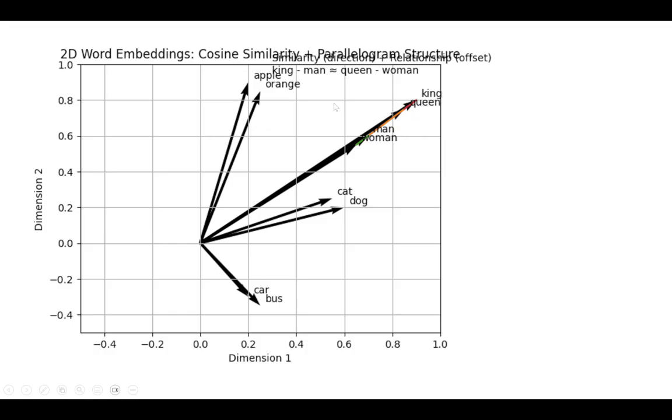Interestingly, you'll see that king minus man, the difference in magnitude of these two vectors, would be very close to the difference of magnitude between these two vectors of queen and woman. So that is like a drift in magnitude, which is kind of interesting in cosine similarity for different words.